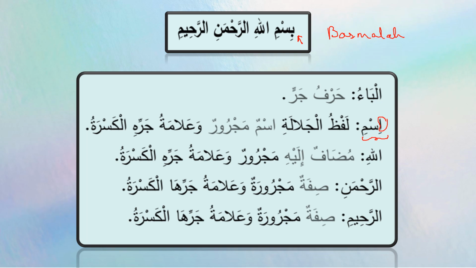So it's ism majrurun. If you give the name of the position the noun is in, it's totally correct. If you don't want to put the whole sentence in Arabic, it's totally okay if you just give the name of the position. So the next noun that comes after the ism is Allah, and Bismillah.